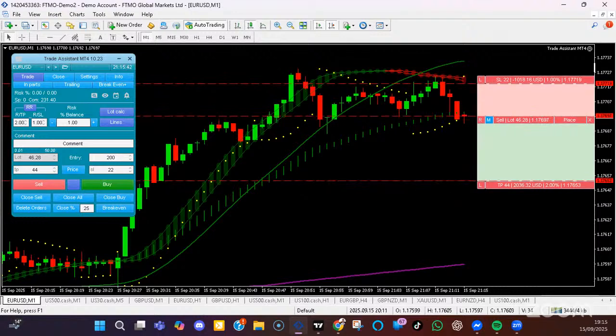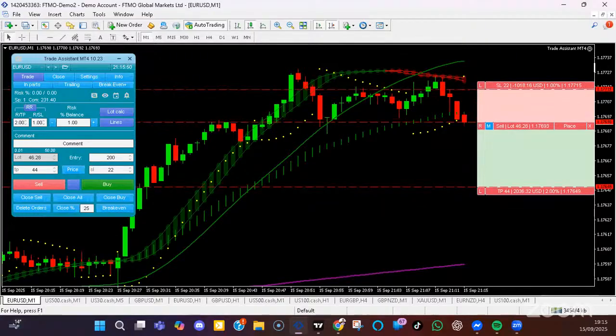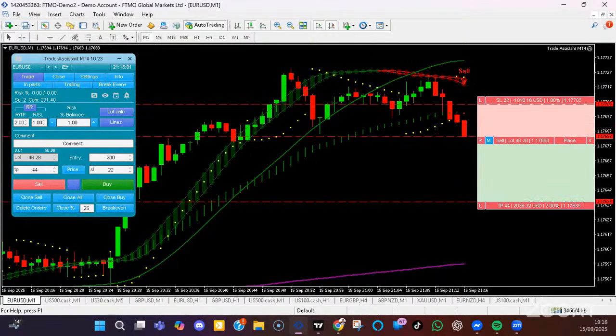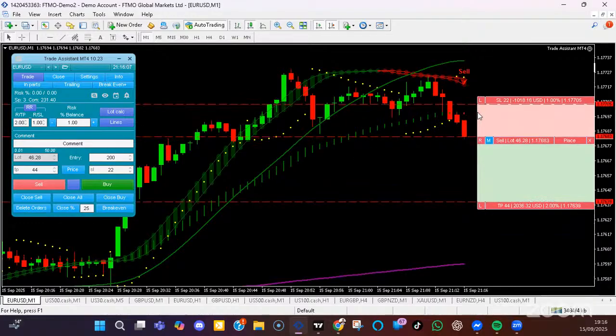The performance of the NAS100 has been sideways since 3 o'clock really, although it is tending to go up. The performance of the EUR USD has been slightly better, slightly more trending.